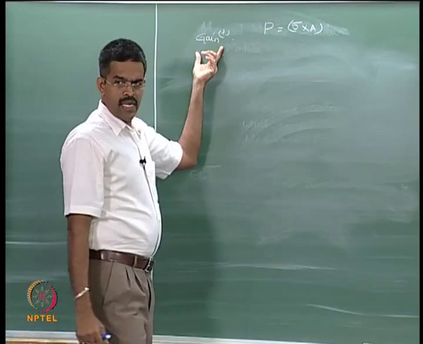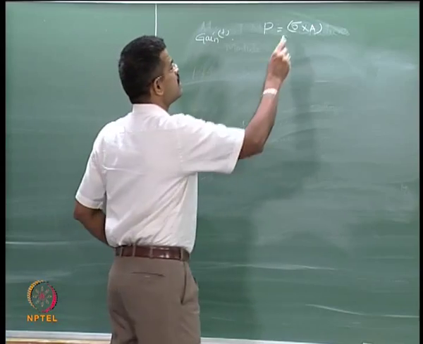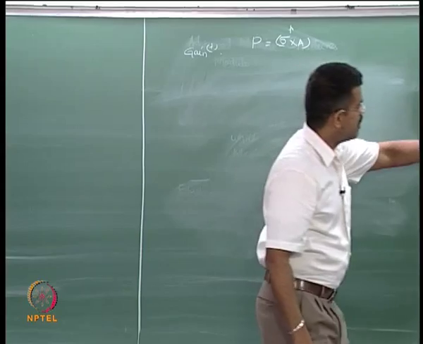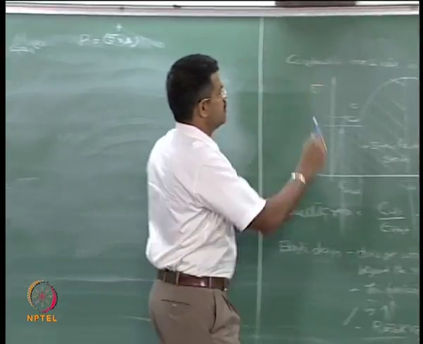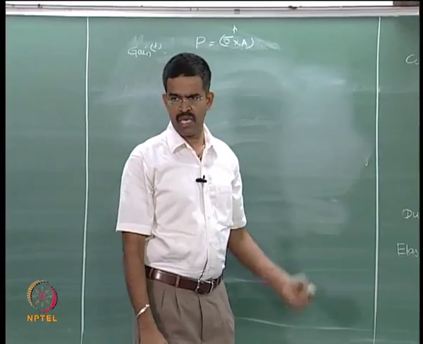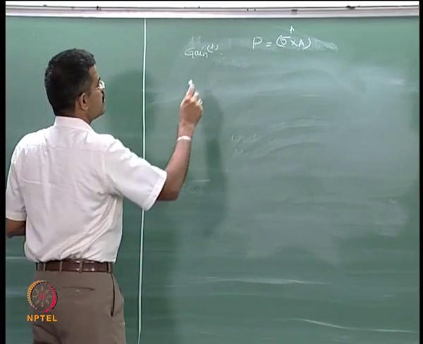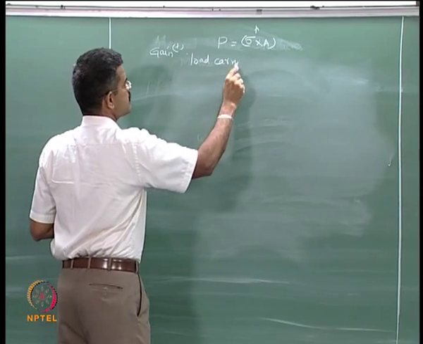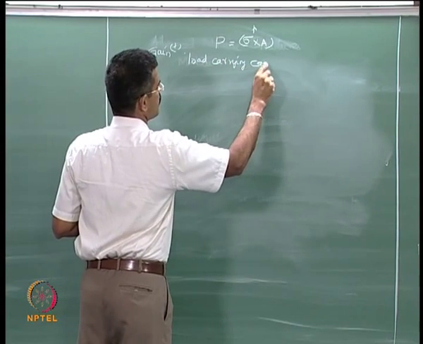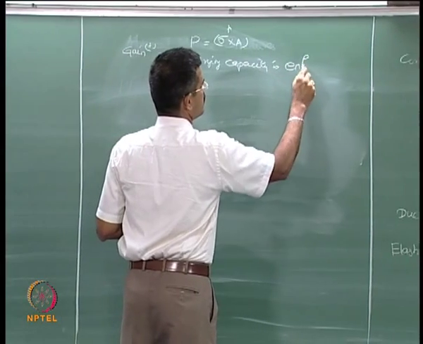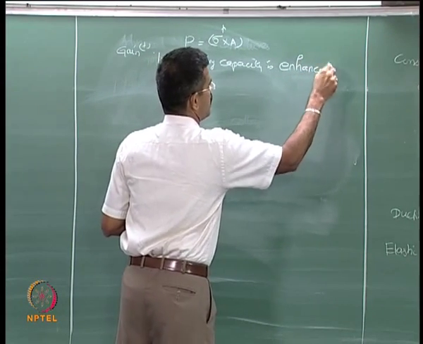So, the gain what you get here is the load carrying capacity is increased from this level to this level, okay, that is the gain what you get. So, the load carrying capacity is, I should say, enhanced.